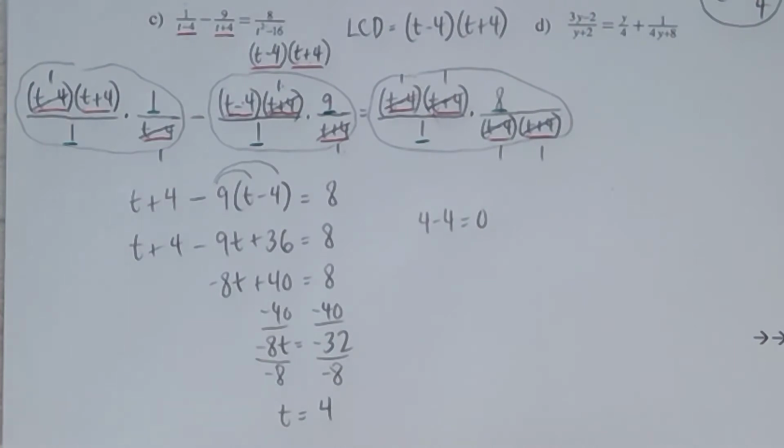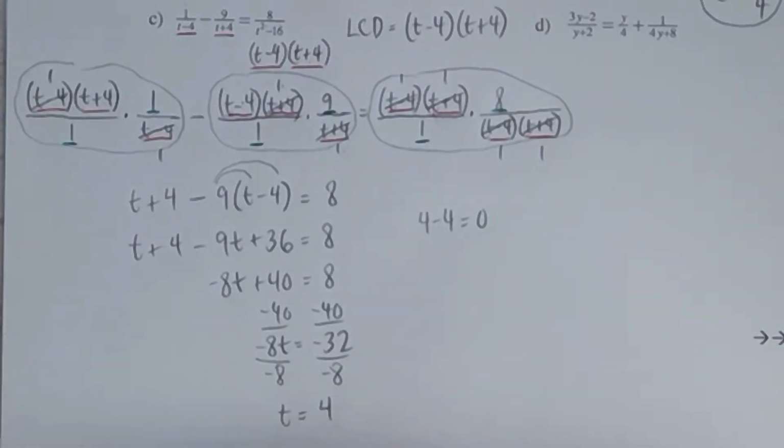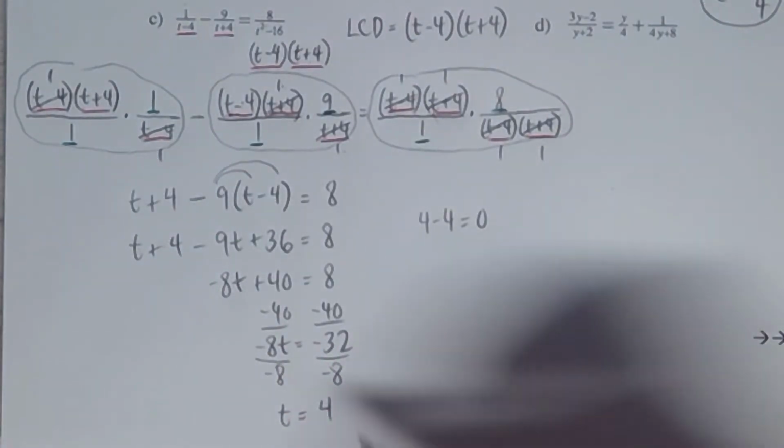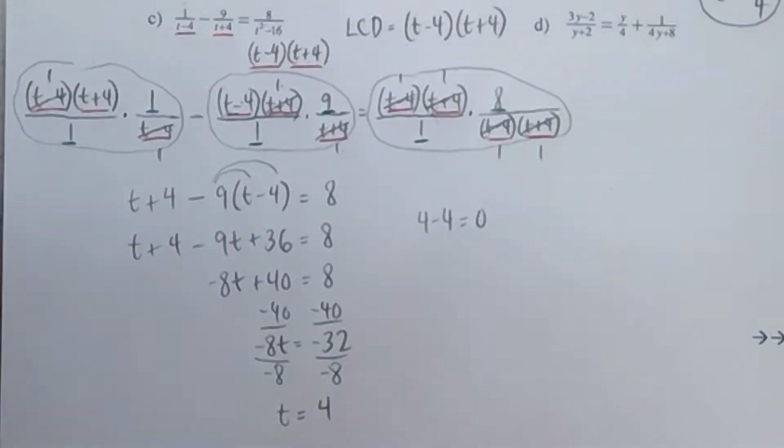So if at least one of the denominators is 0, then this answer is not going to work, because you can't have a 0 denominator. Remember, the answers are supposed to make the equation true. The equation can't be true if the answer makes one of the denominators equal to 0, because that's not even a number.